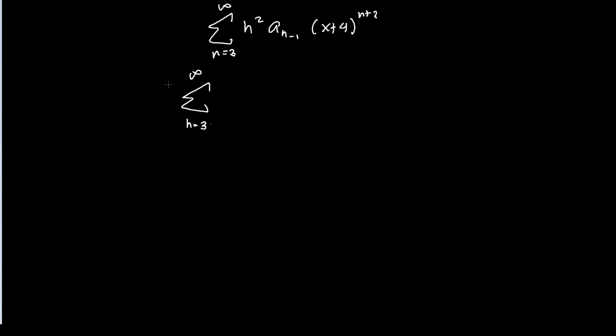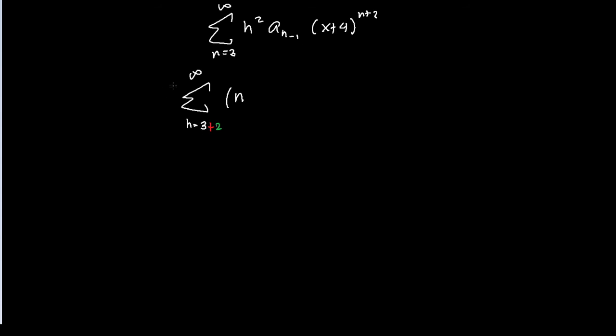So in order for this to make 5, I would add 2 to make this start at n equals 5. Similarly, from what I have just told you, you need to do the opposite for the power series.